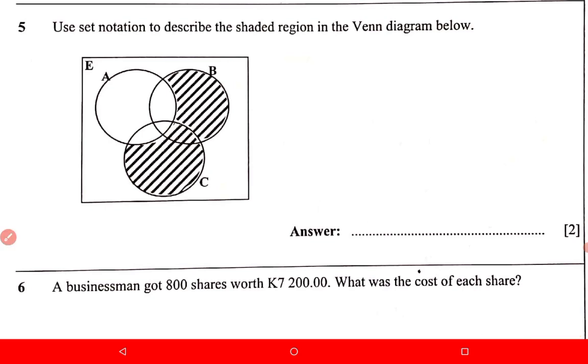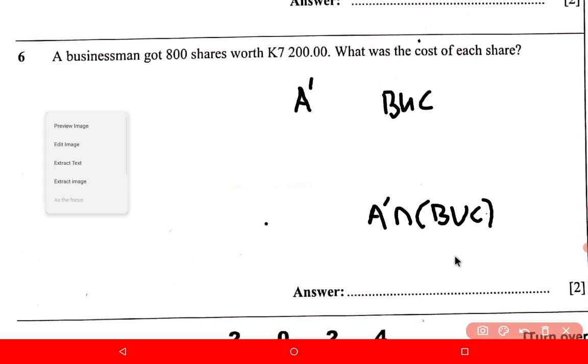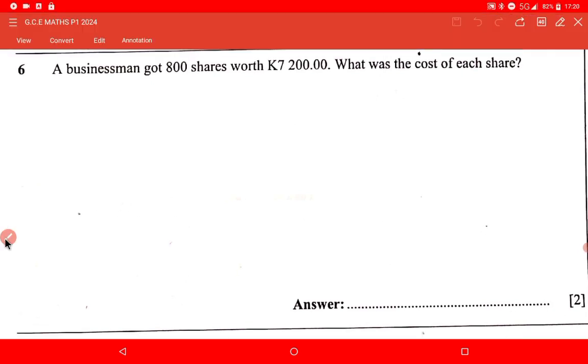So this paper was quite easy. A businessman got 800 shares worth 7,000. This is just something you can use even your general knowledge. Okay, for this type of question, a businessman.